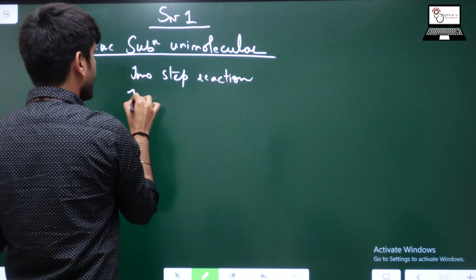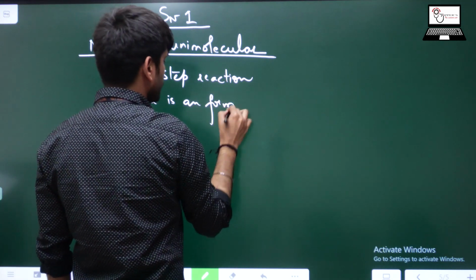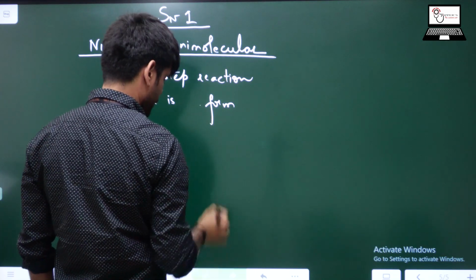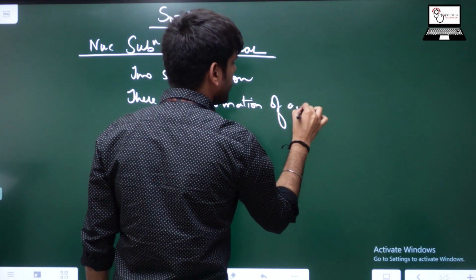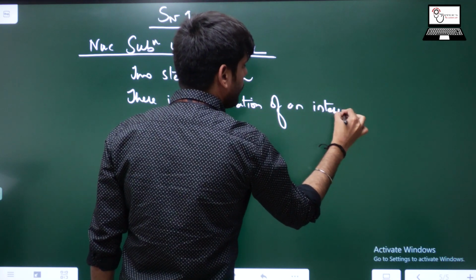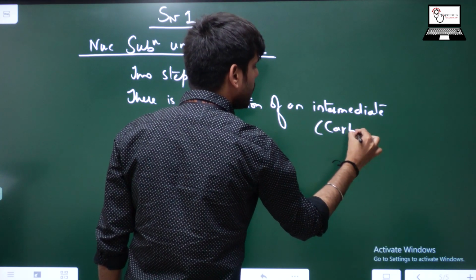There is a formation of an intermediate, and we will see that this intermediate is a carbocation.